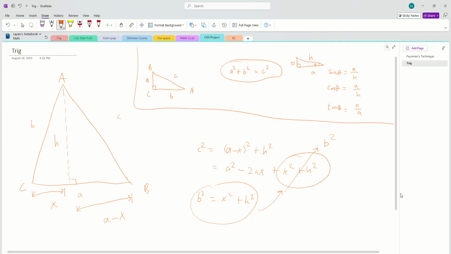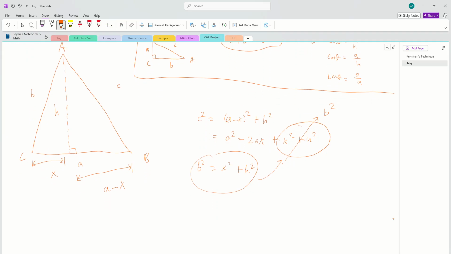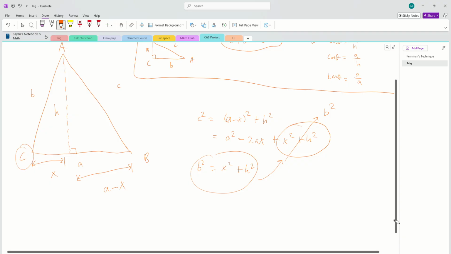equal to that. The next thing we can do is get rid of x, because x is some unknown thing. We want this in terms of a, b, and c. So how can we rewrite x? Well, we can use our trig ratios. You can see x is right over here in relation to this angle.